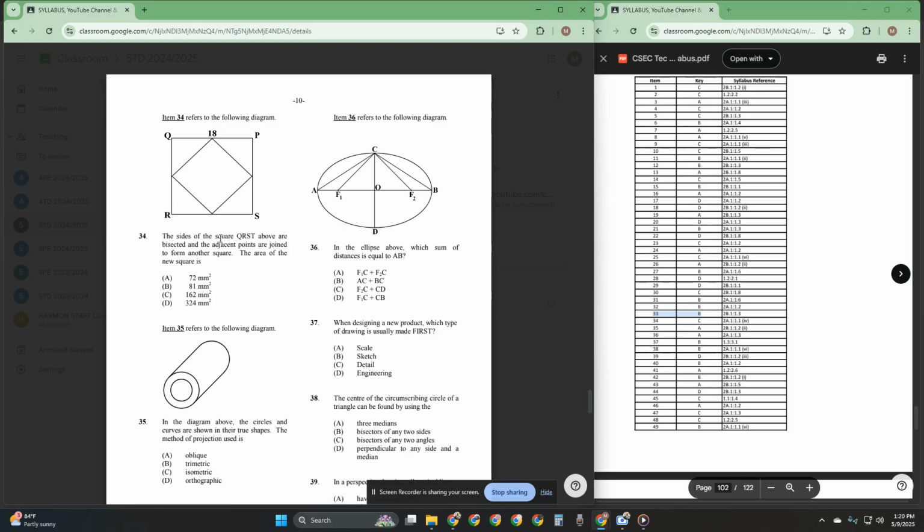The sides of the square QRST above are bisected and the adjacent points are joined to form another square. The area of the new square is... Number 34. They say it is C, 162 millimeters squared.